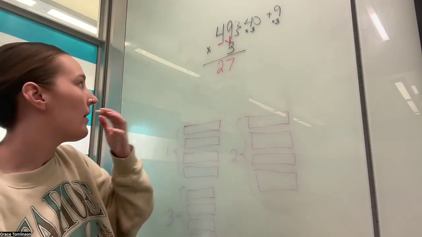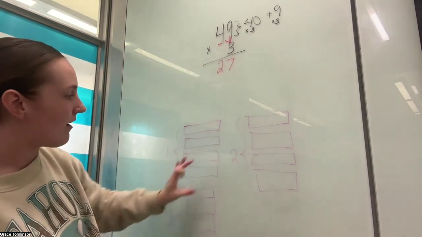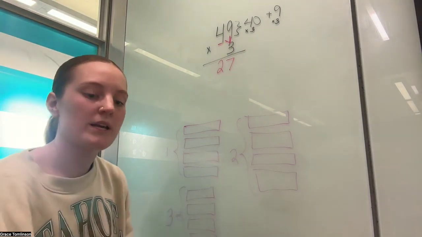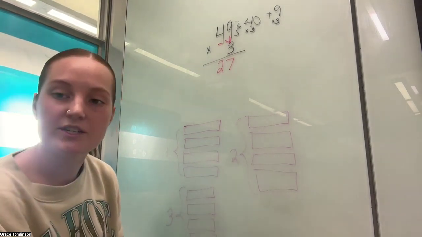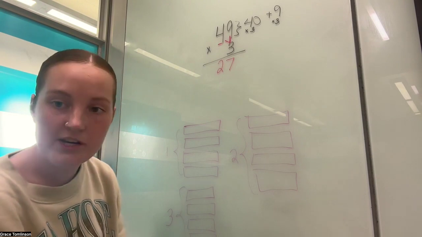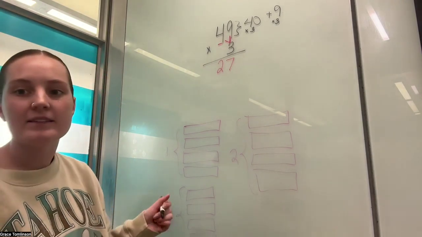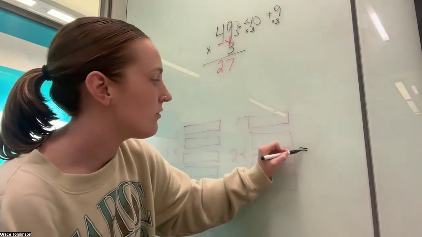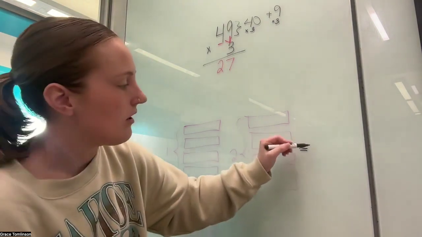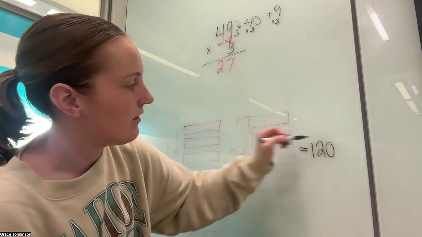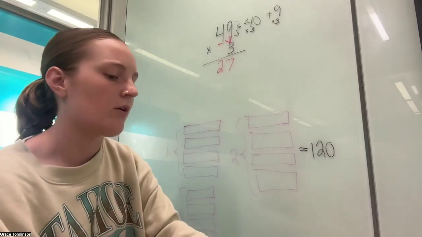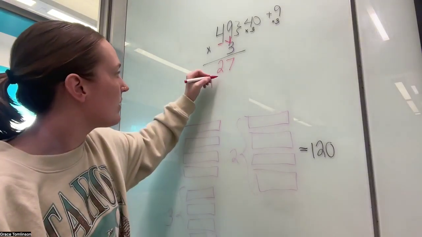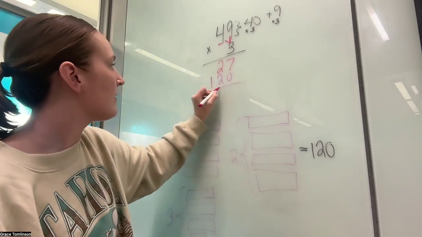So we have 3 groups of 40. So we can think of 40 times 3 as 40 plus 40 plus 40, which is the same as 40 times 3. So this would equal 120. We can go ahead and write 120 up here.